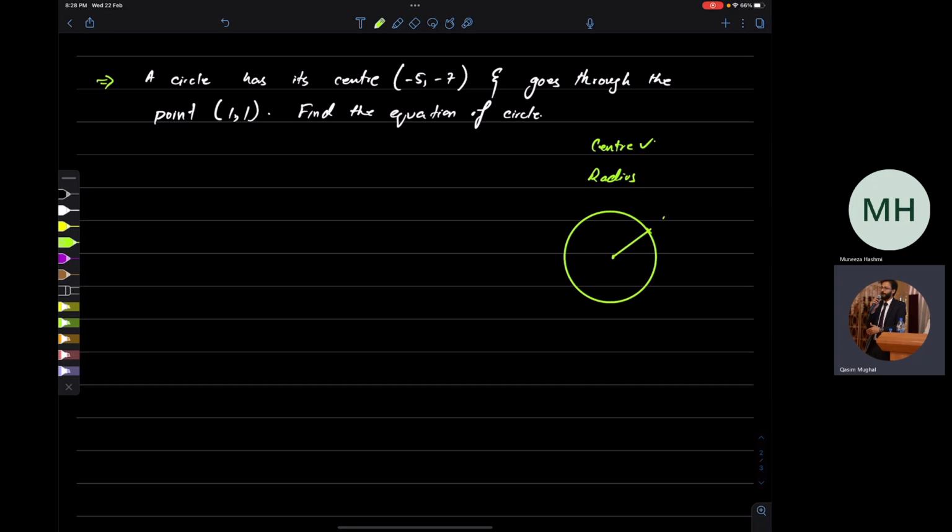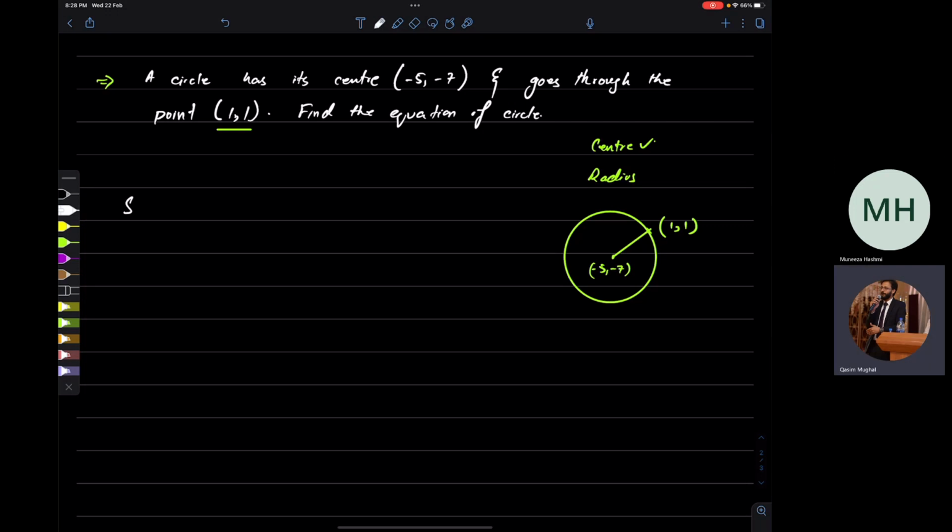The examiner is telling you that a circle is passing through 1, 1, and the center is at -5 and -7. So by using the distance formula, we can calculate the distance between these two points, which is going to be the radius of the circle.